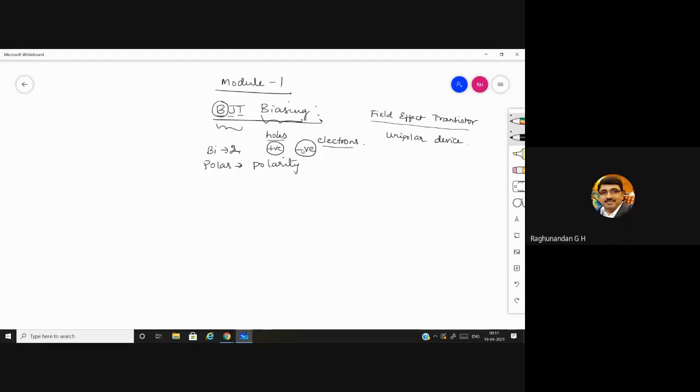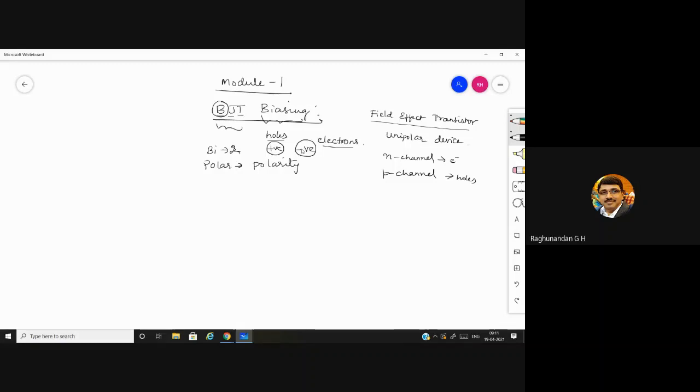See, it is known as a unipolar device because when we talked about FET, we had two types. One is N channel, the other one is P channel. In N channel, electrons take part in the conduction process. In P channel, holes take part in the conduction process. So there is a single type of charge carrier which takes part in the conduction process.